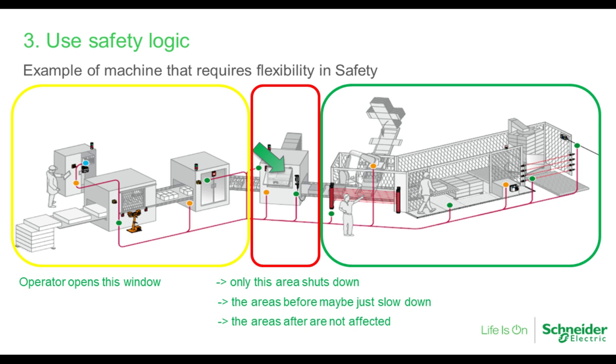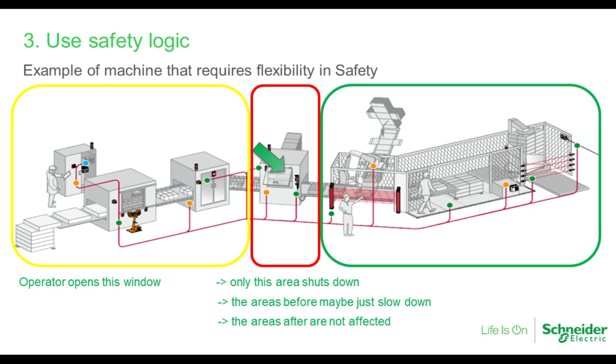So you're probably going to do some kind of reaction on the inflow side of that opened window. On the outside, or on the effluent part of this machinery, you might not need to do anything. Everything that you've processed in that middle area, it might be okay for it to continue going on. We're not talking about a quality issue where we need to reject materials.